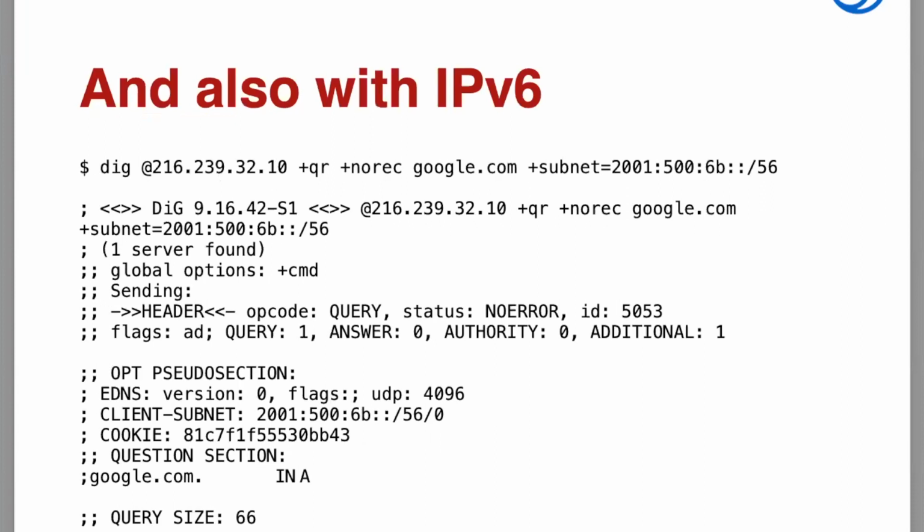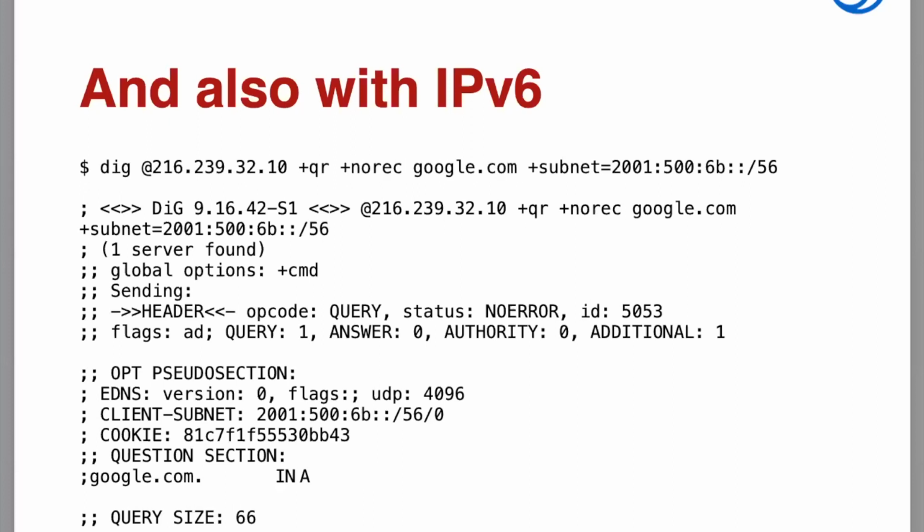We can also do exactly the same thing using V6. So this time I've made the same query to the same server, but I've asked for a different subnet, this time using the V6 format.